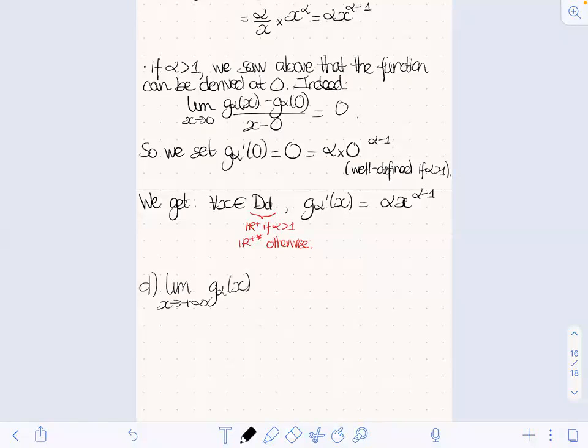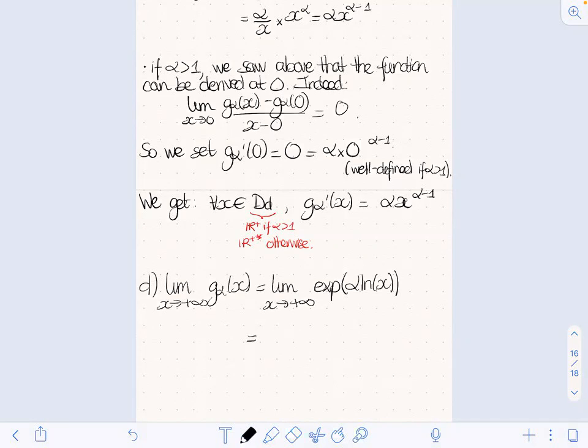If we use the definition of the function, it's the limit when x goes to infinity of exponential alpha logarithm of x. Okay, the logarithm function at plus infinity goes to plus infinity. And so the value of this limit will depend on the sign of alpha.